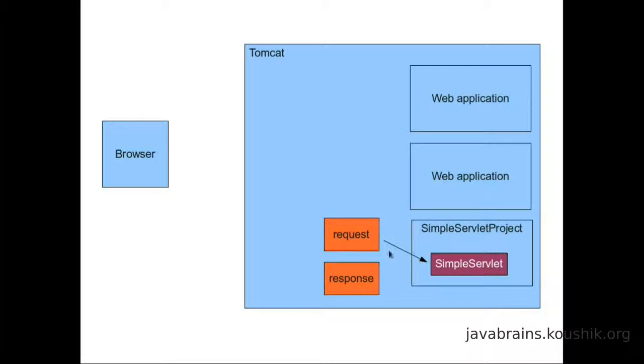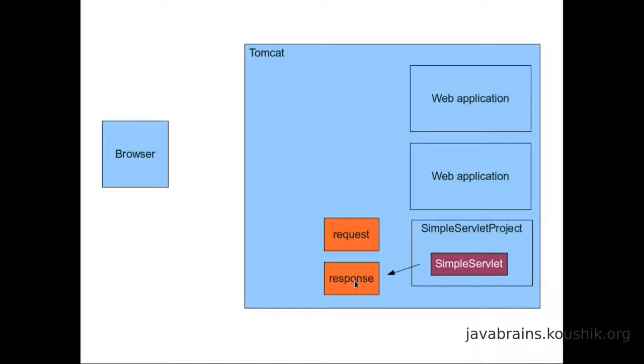Now the simple servlet picks up this data, does the processing, and then publishes its result to the response object. So if you're generating HTML code, then the HTML code goes to the response object. You can pretty much write anything you want and it'll get generated in the response.